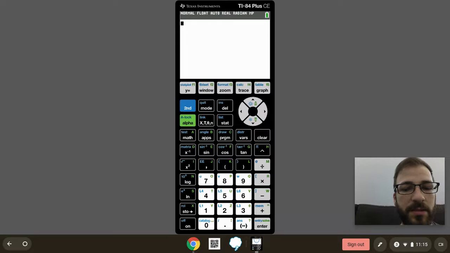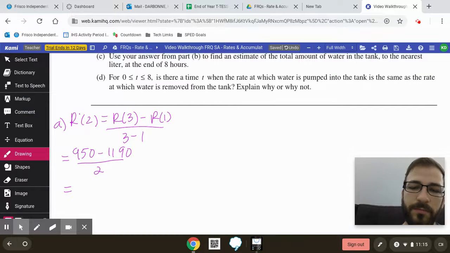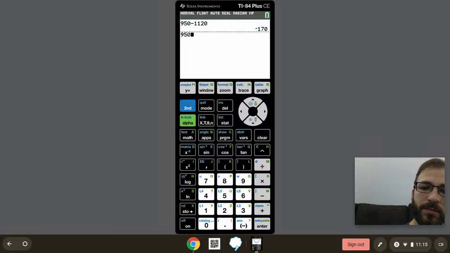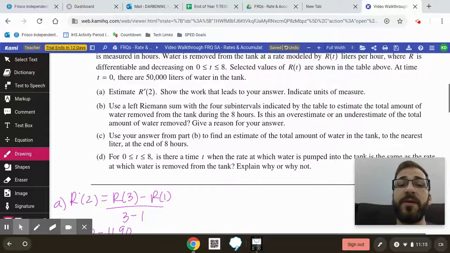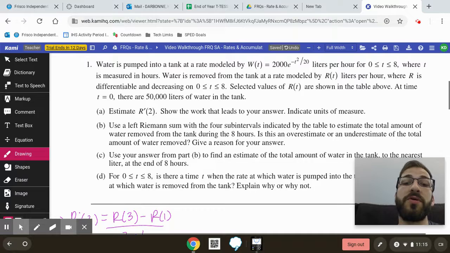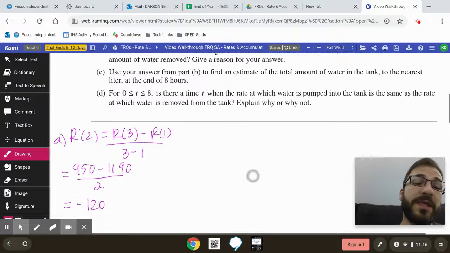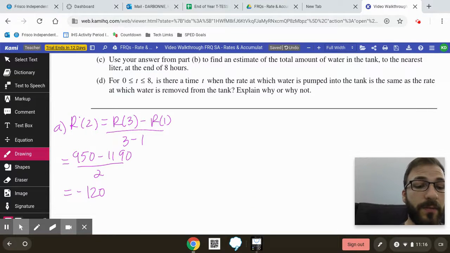And that gives us negative 120. So negative 120. And then it's the rate of the rate. So the rate of R of T. R of T is measured in liters per hour. So the rate, R prime of T, would be liters per hour squared. It's that acceleration value. Okay, so that's part A.